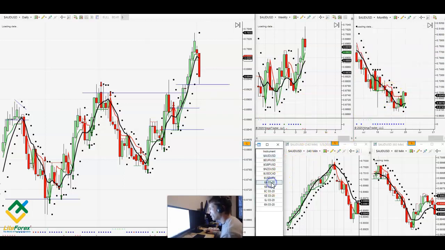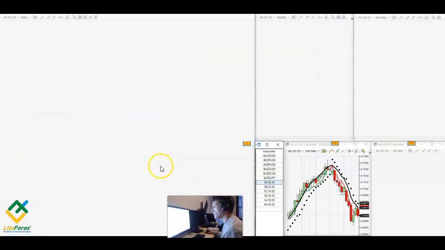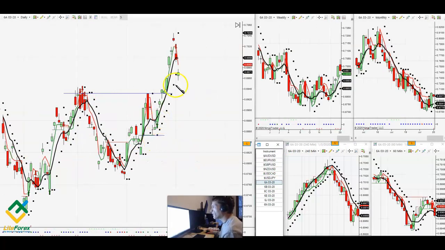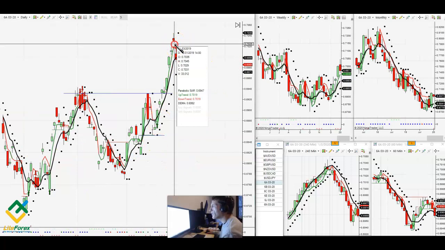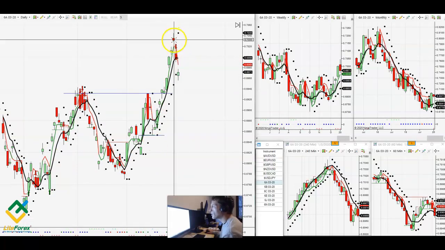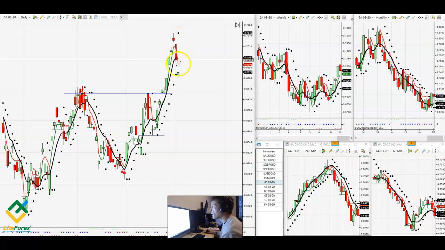Let's take a look at the Australian futures. See if there's anything different. When I looked at this on the 31st, it was pretty obvious to me that this was a top. And I said 85% of the time when you see something like this, it's going to be followed by downward movement.